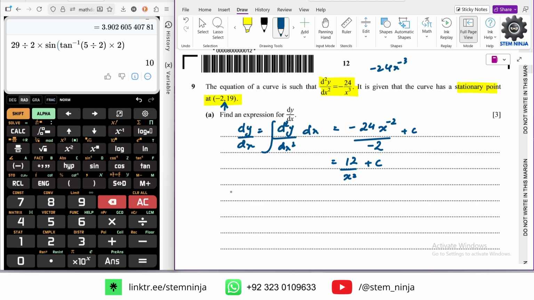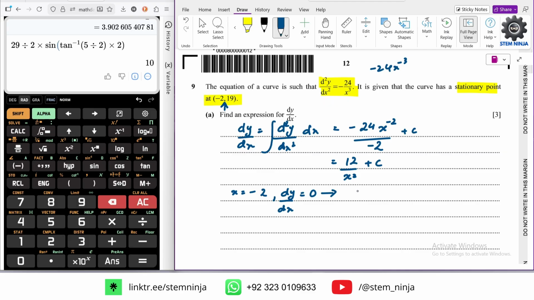So at minus 2, your dy by dx is equal to 0. So we know that at x equal to minus 2, dy by dx is 0.